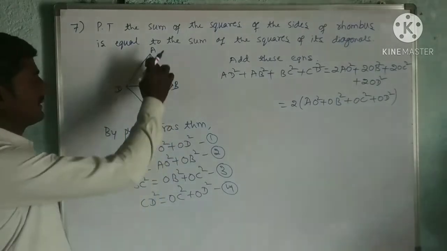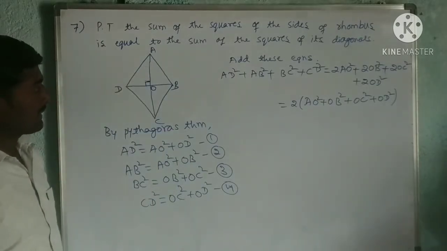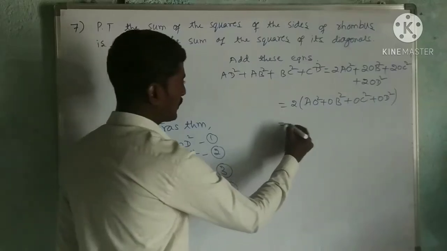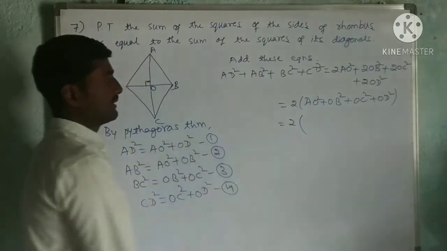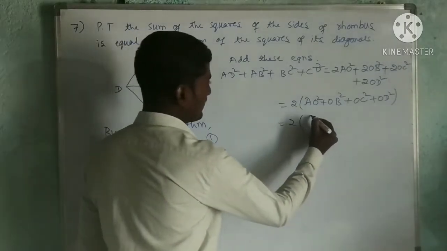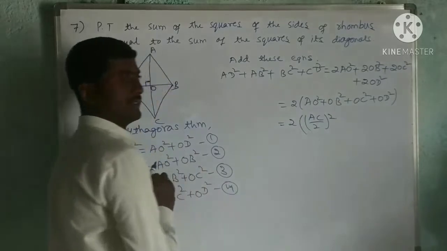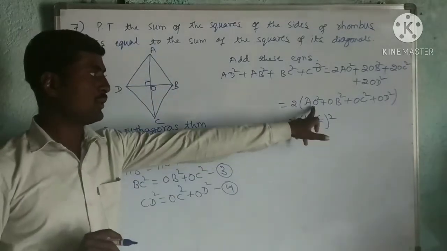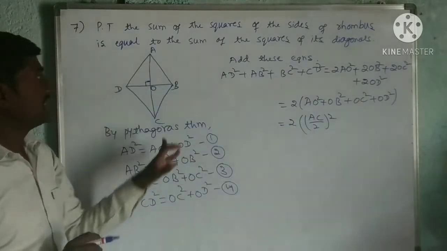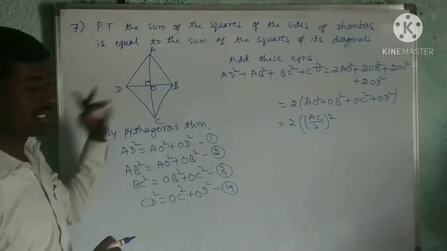Now AO square plus OB square and OC square then OD square. How can I get AC square? This is equal to 2 into, in place of AO square I can write AC divided by 2 square, because diagonals bisect each other, which means AO is equal to OC.